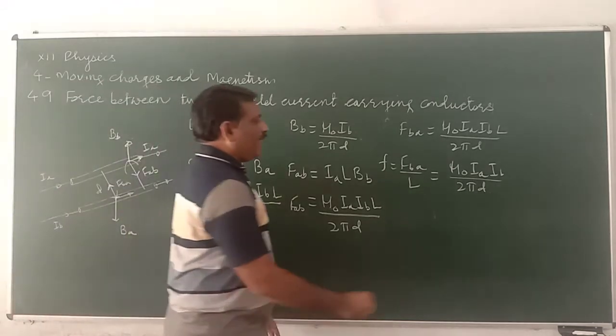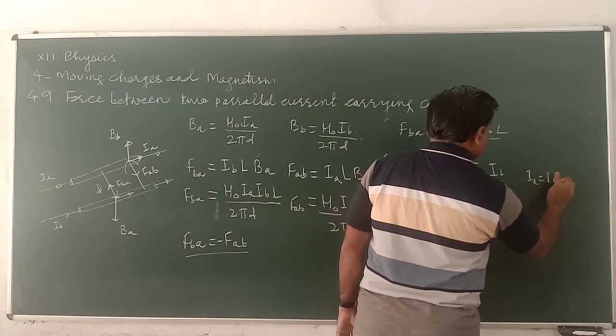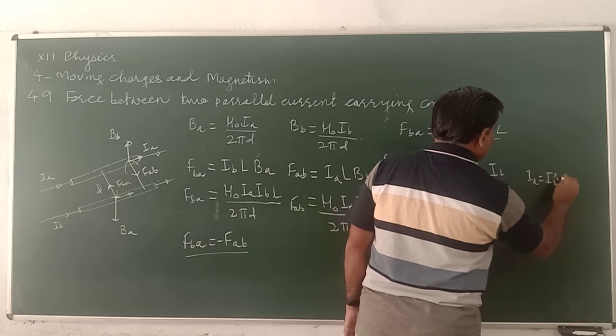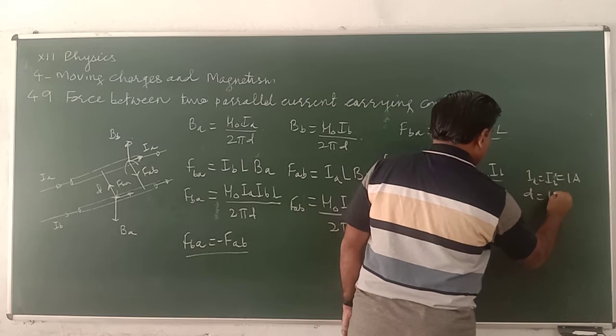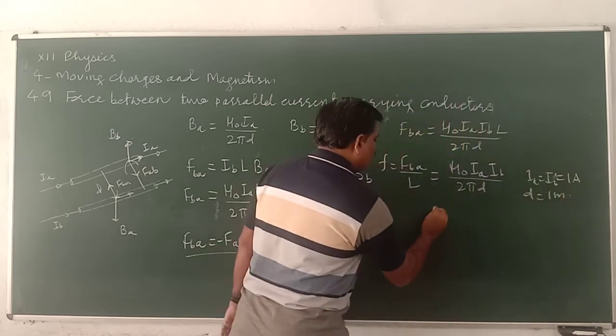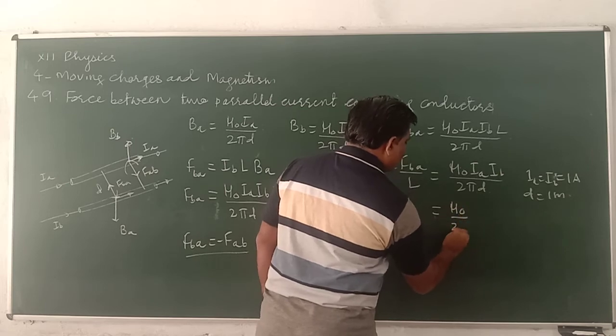If IA is equal to IB, which is equal to 1 ampere, and D is equal to 1 meter, then this becomes mu 0 by 2 pi.